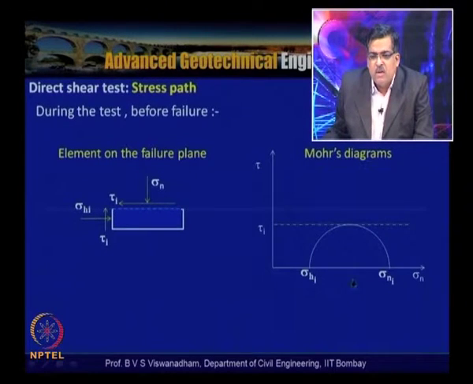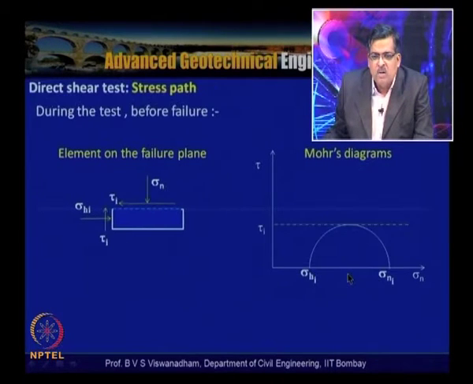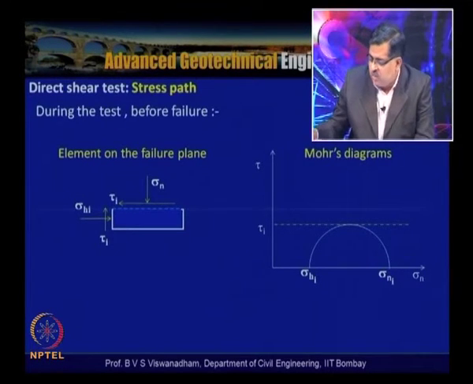Then further, with that same normal stress, when we try to induce the shear, the Mohr circle generates the shear force and becomes like this. With that you can get a point where it reaches failure. That is during the test and before the failure.